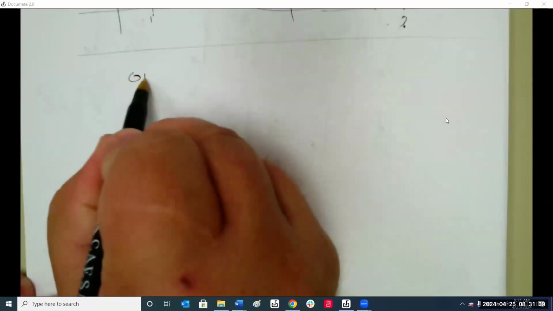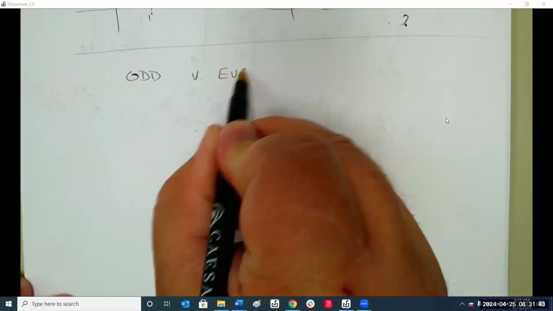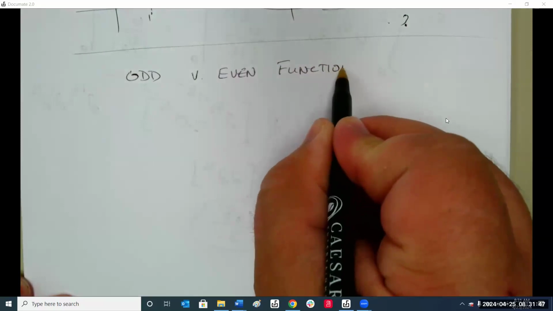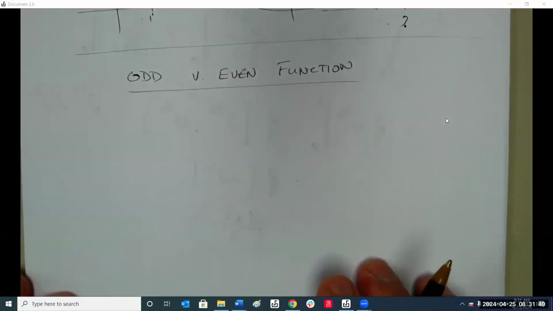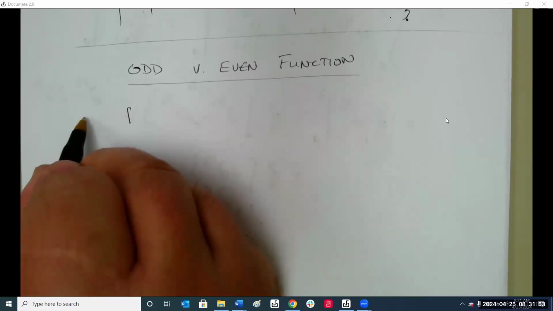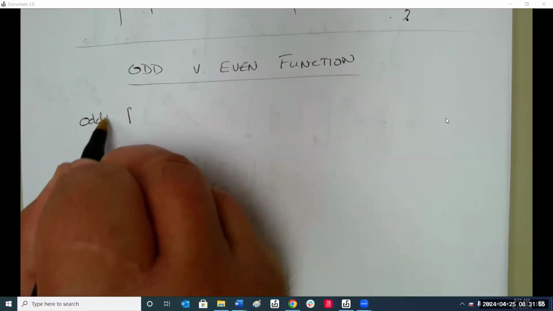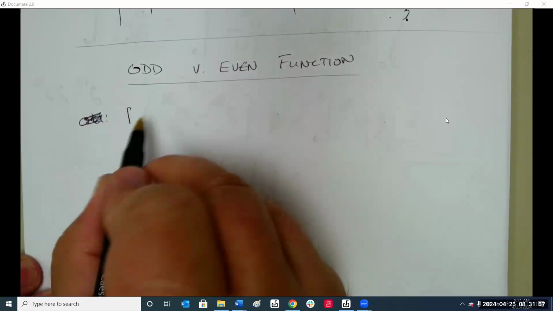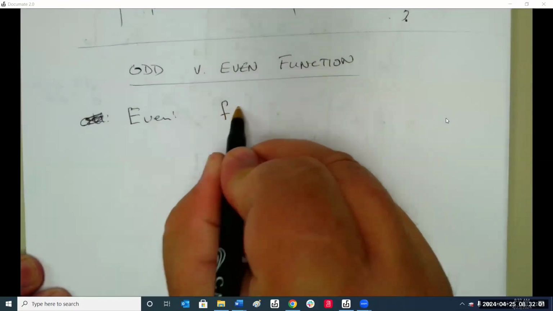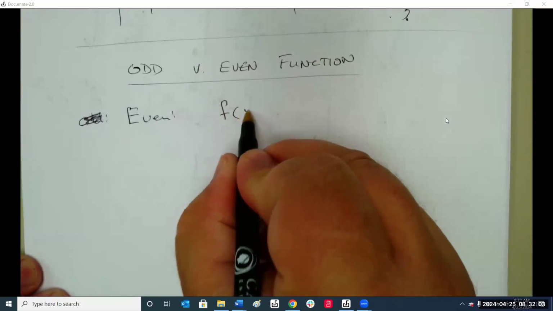Okay, what is an odd function? What is an even function from algebra? Well, let's look at even. A function, f of x.